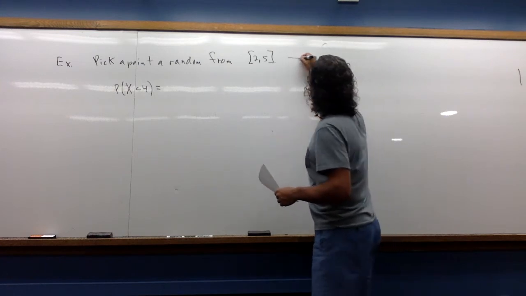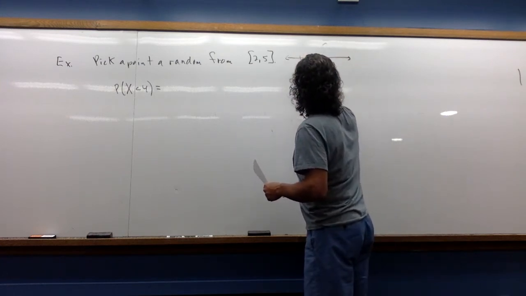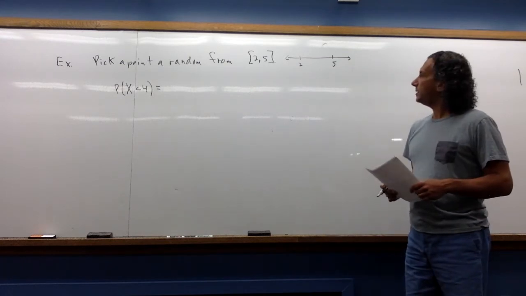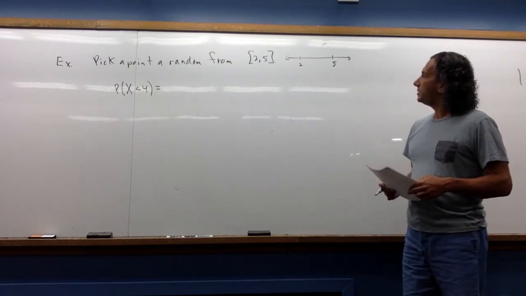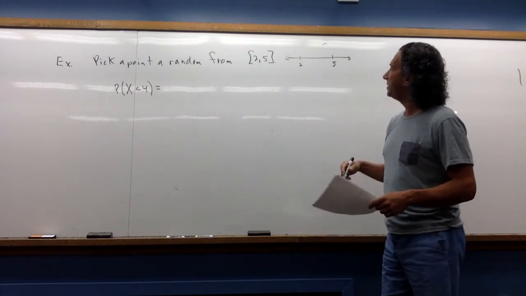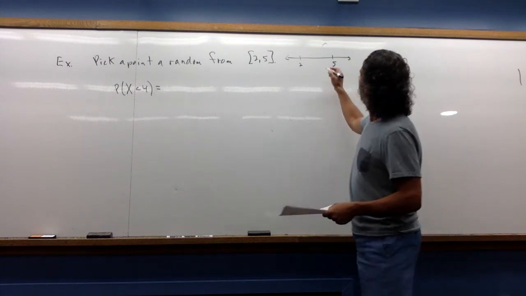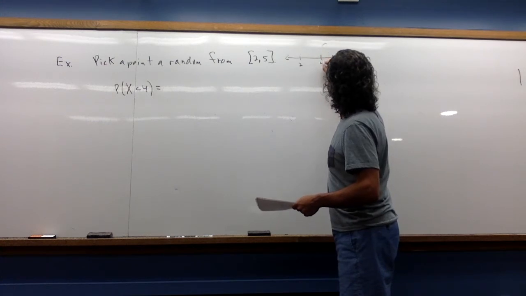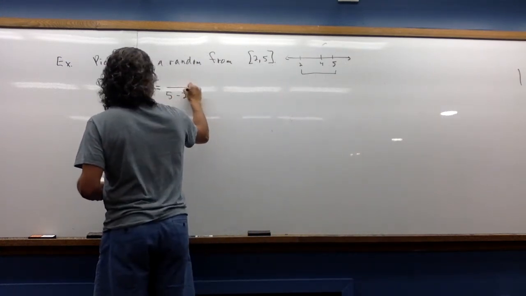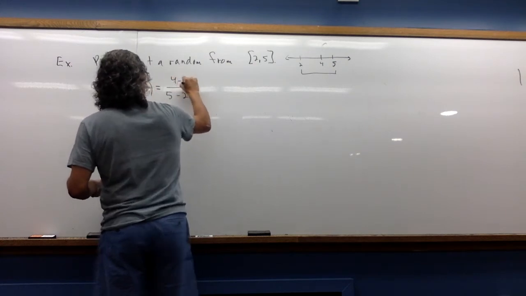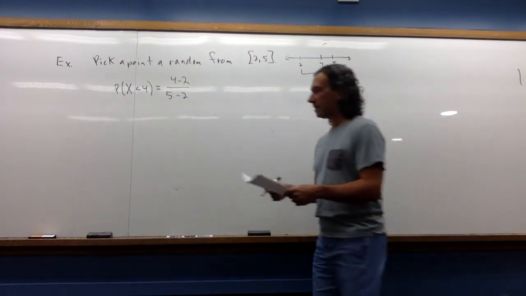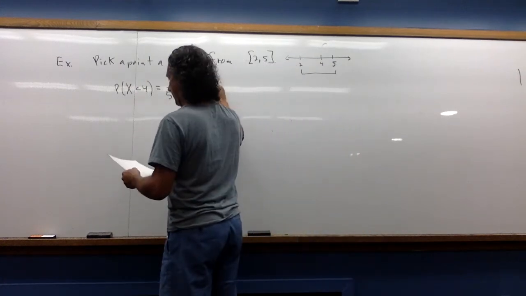Okay, give that a shot. Well, hopefully you said 2/3. Now, why would it be 2/3? Well, let's see, 4 is over here. The total length is 5 minus 2, and the length that I'm interested in is 4 minus 2. So we subtract those and we get 2/3.